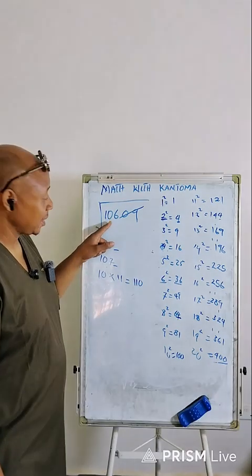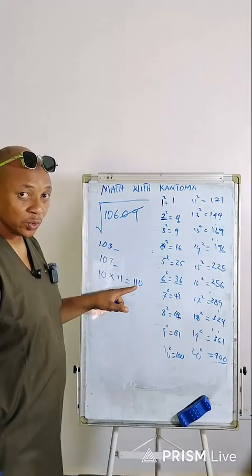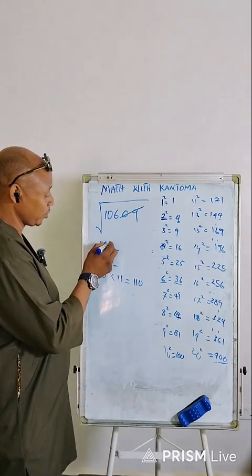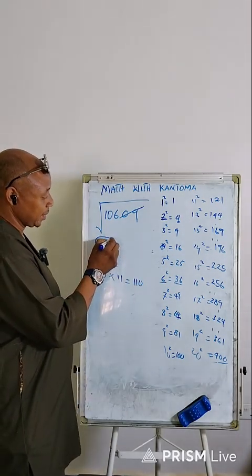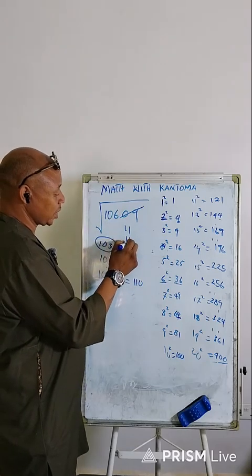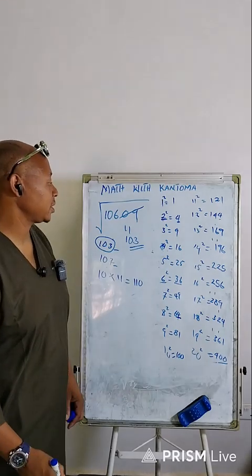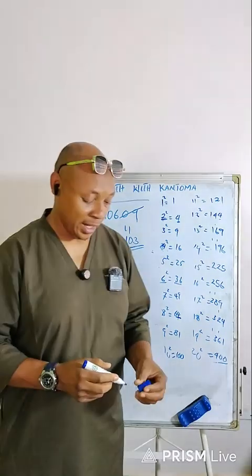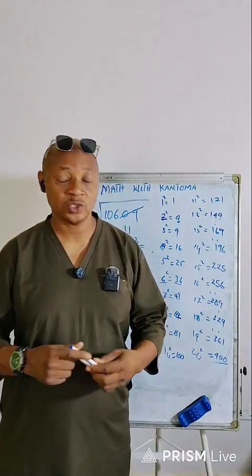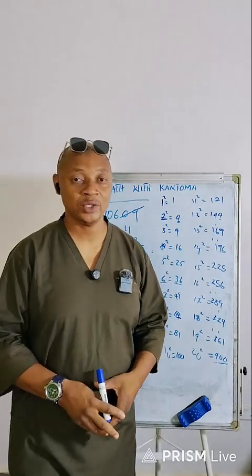No, 106 is lesser than 110. So if it is lesser, then we pick the smaller number. Therefore, the result of the square root of 10,609 is 103. And this is how we find the square root of any number without the use of a calculator.